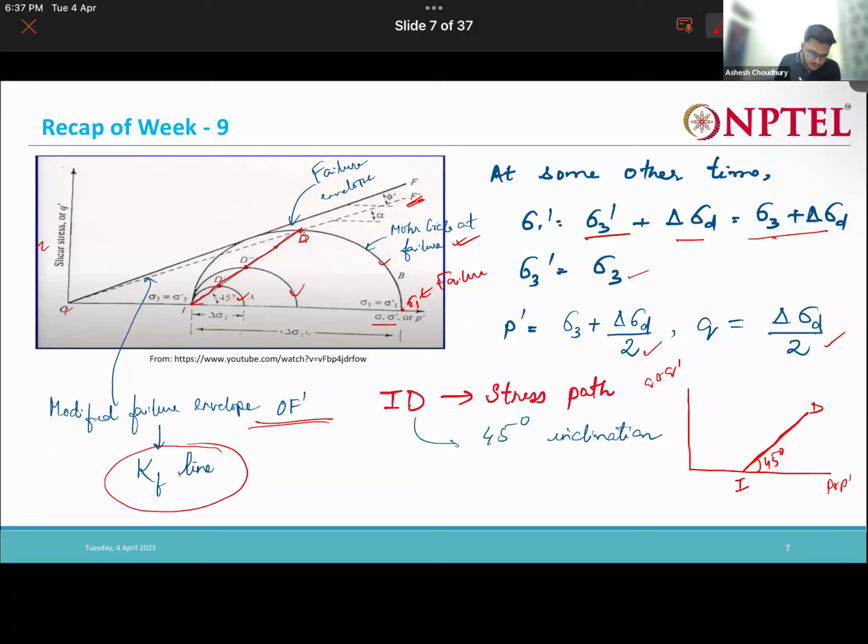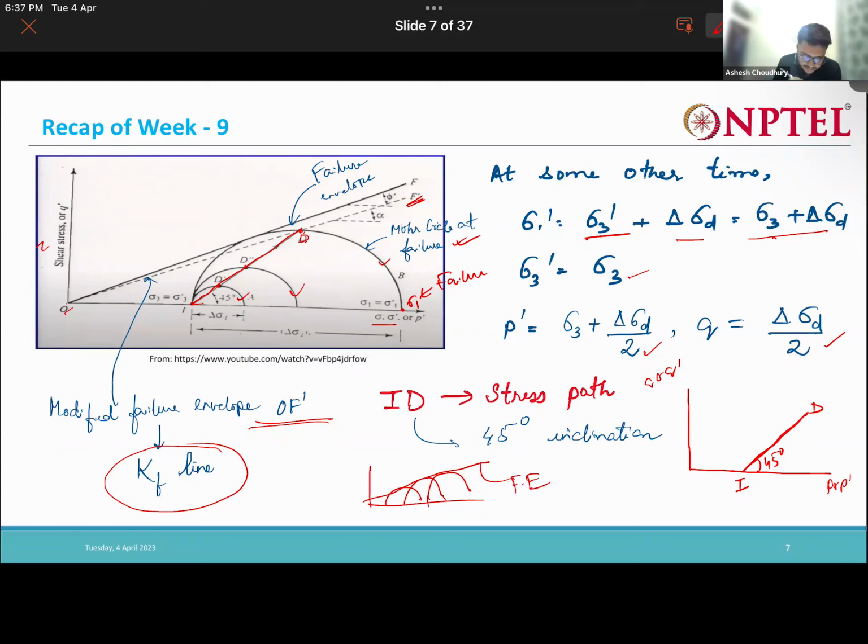And this other line is my failure envelope. How will you get this failure envelope? You will be drawing more circles for various tests, various values of sigma 3, and joining the tangent. This will give you your failure envelope.